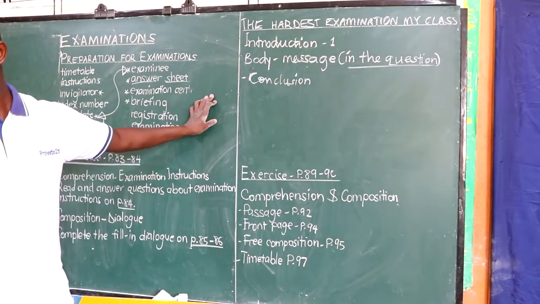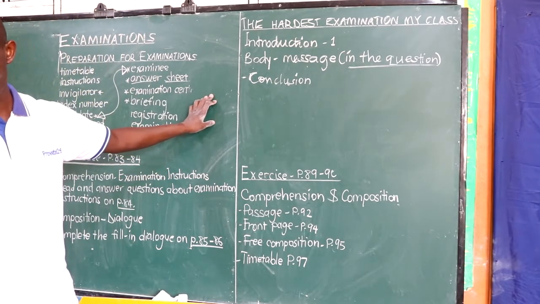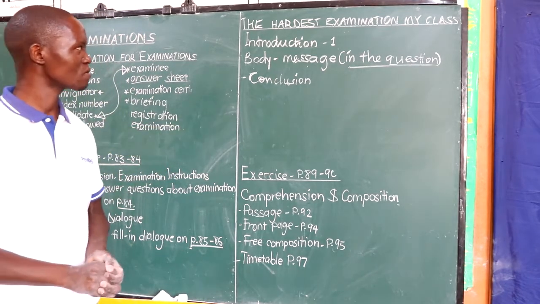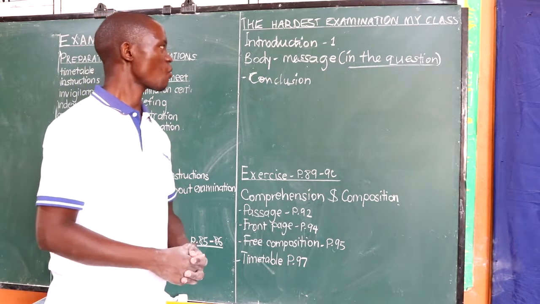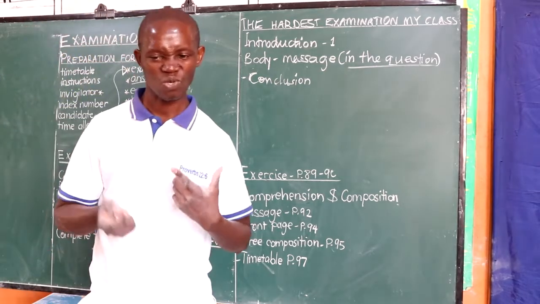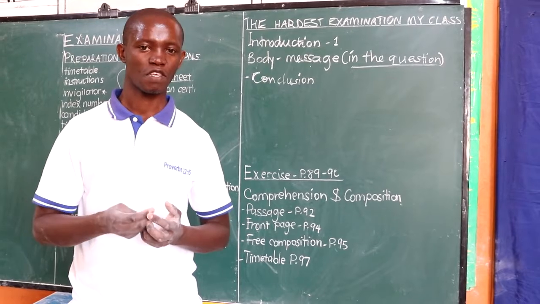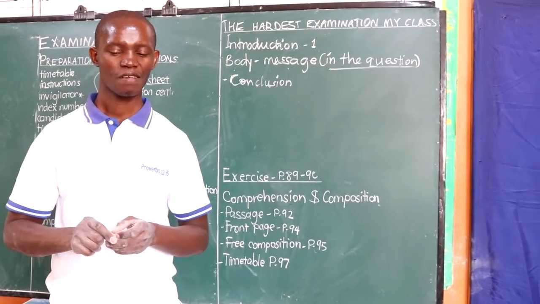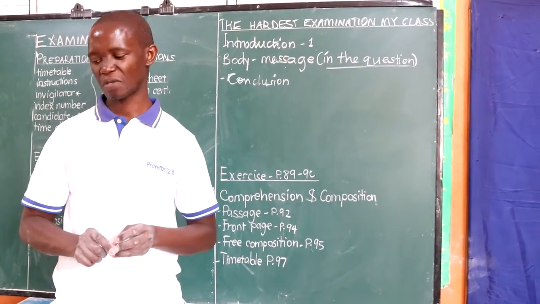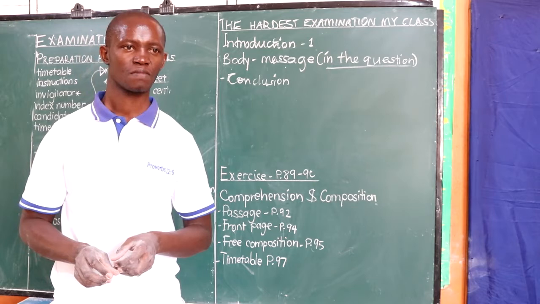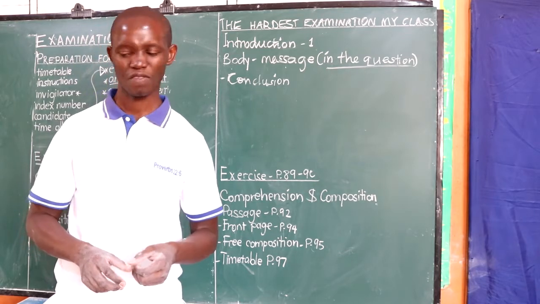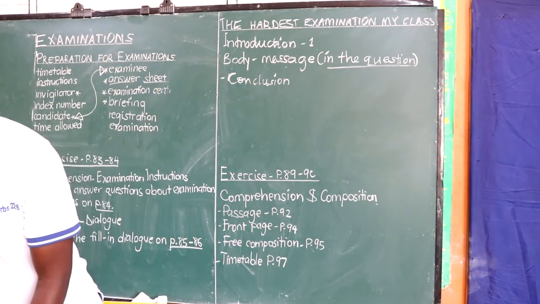Yes, the conclusion. And having done that, you don't need to begin your composition with words like, my name is so and so. Take a composition to be a passage. If you ever read a passage, there are not many passages that begin with the writer's name. If they are there, then they are written the right way.